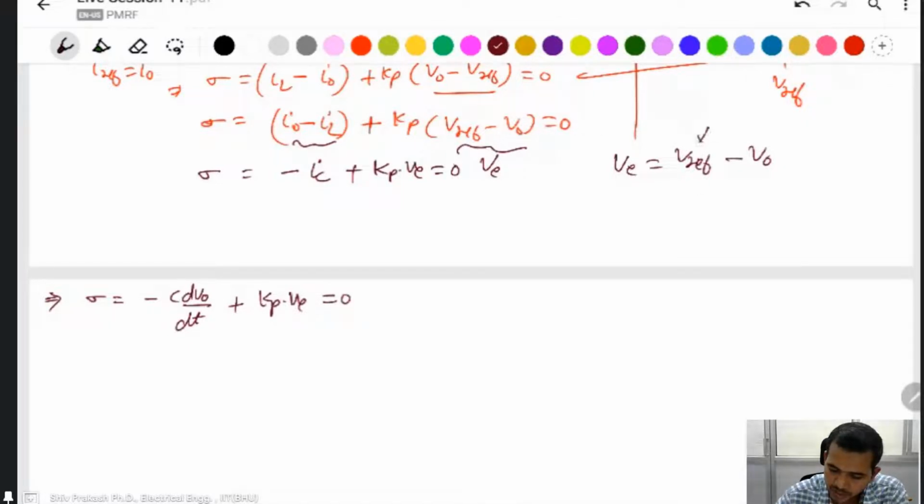If you take a reference as 0, then you find dVE by dt equal to minus dV naught by dt.